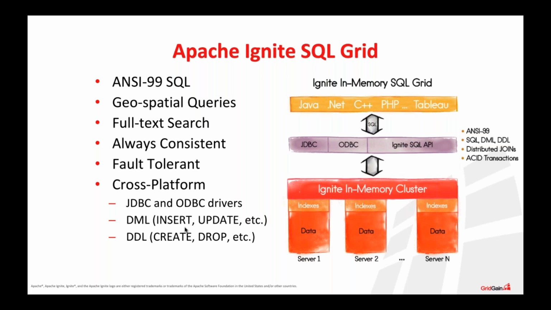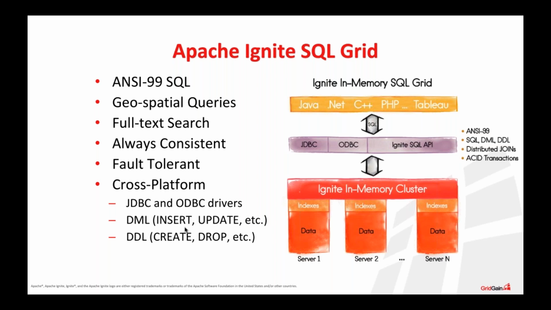At the same time, SQL Grid provides and exposes geospatial capabilities, which is useful for the IoT scenarios when you need to track the location of, let's say, devices like wearables or your vehicles, and you need to deliver this location information to your cluster.